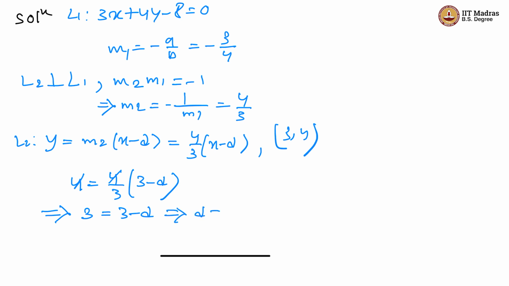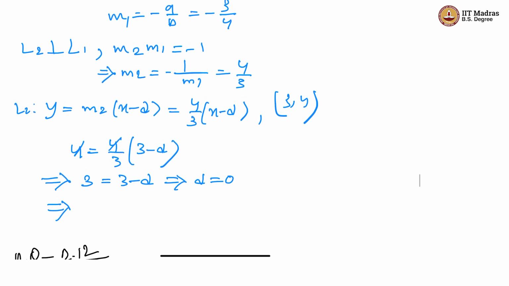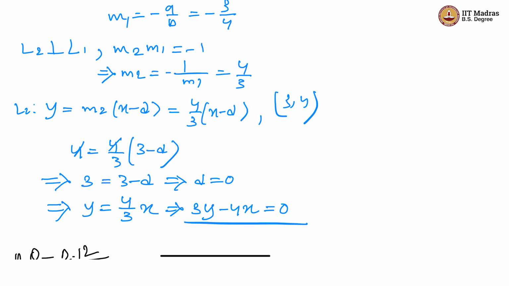That means d equals 0, right? So the equation of the line will be y equals 4 by 3 x. That means 3y minus 4x equals 0. So this is our final equation of the line.